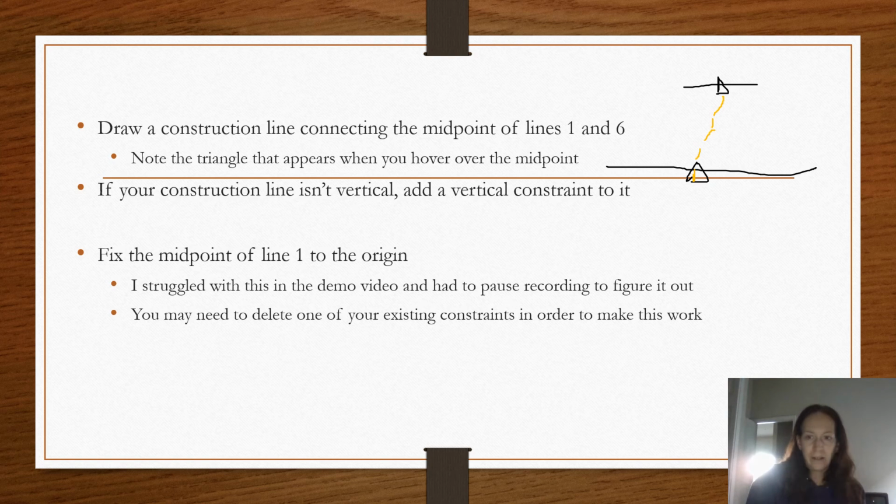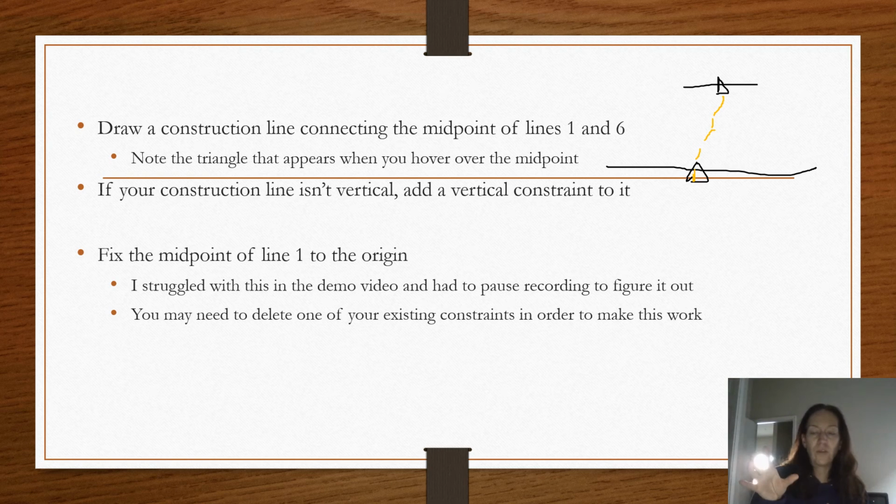What you want to do is use a coincident constraint. But every time I tried to do it, and I don't know how many times in the video I did it before I stopped the recording and gave myself a chance to figure it out.